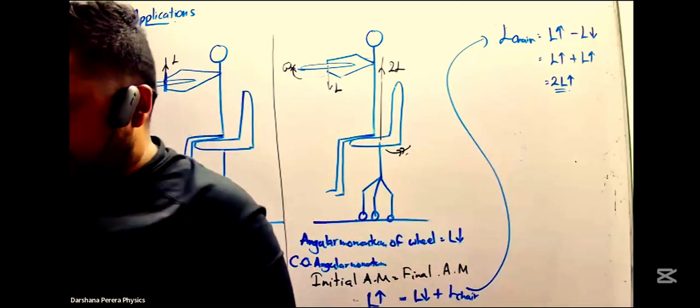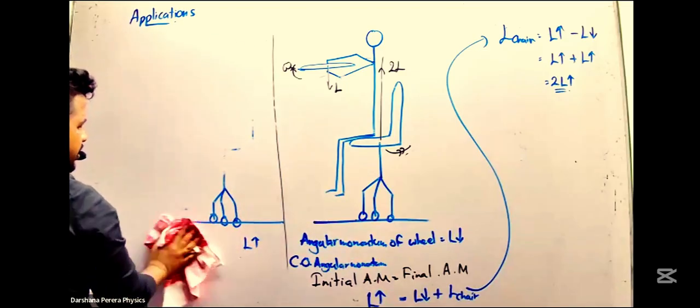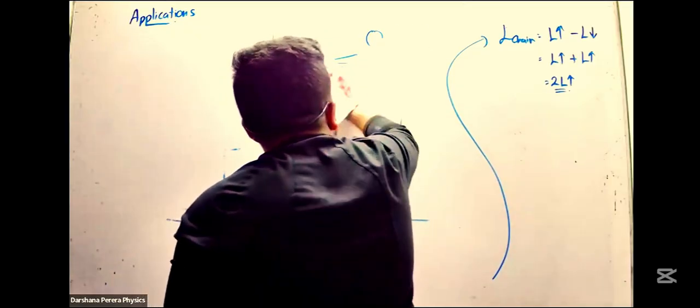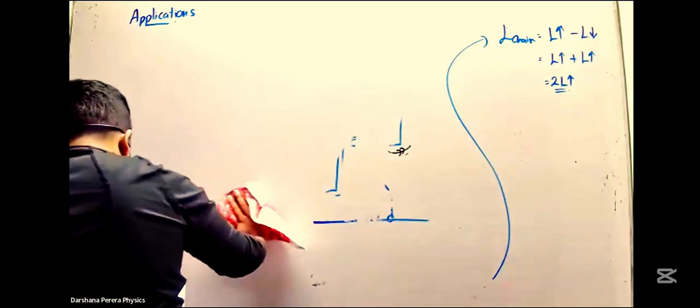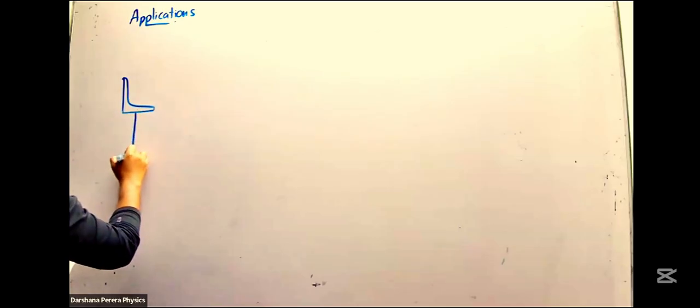A man sitting on a chair which can rotate without friction about a vertical axis, shown in the figure. The total moment of inertia of the chair, including the man, is 6.8 kg m square.